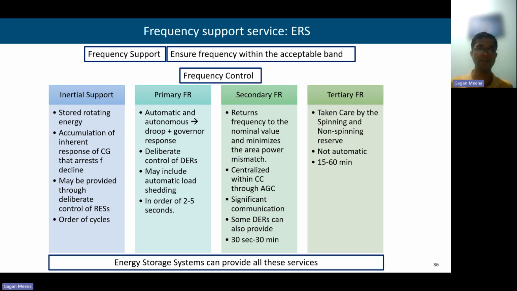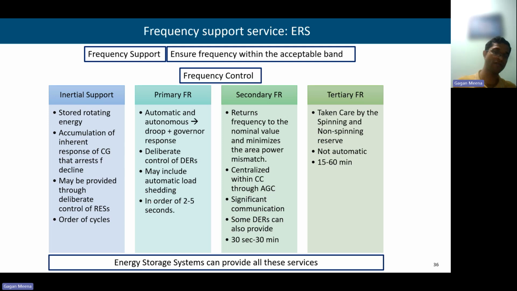and it is automatic. This is also automatic, automatic and autonomous. It is based upon the droop and the governor response of the individual generator. And it can also be provided through the control of the distributed energy resources. And it may include the automatic load shedding as well.